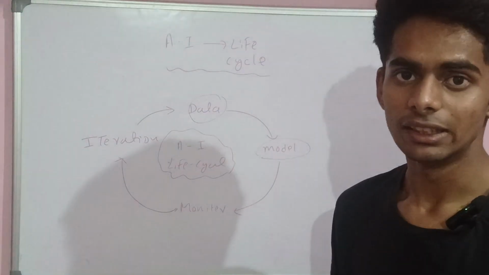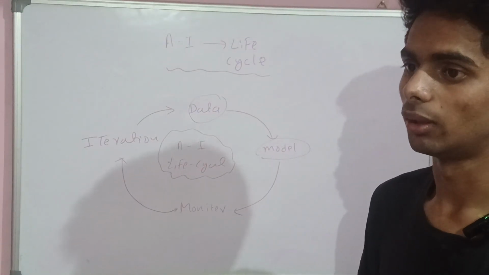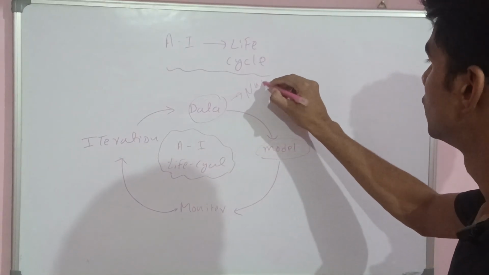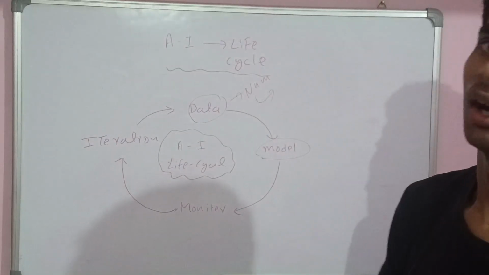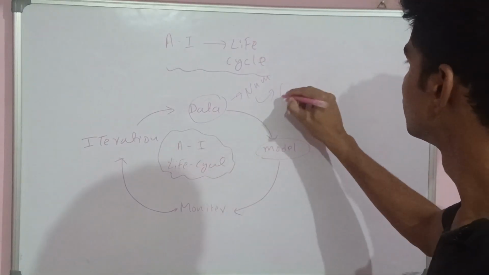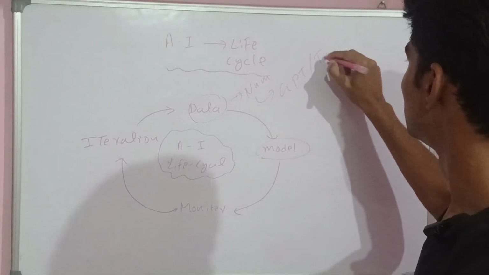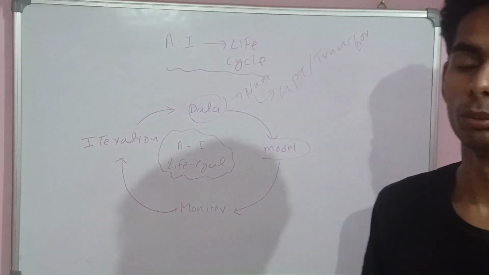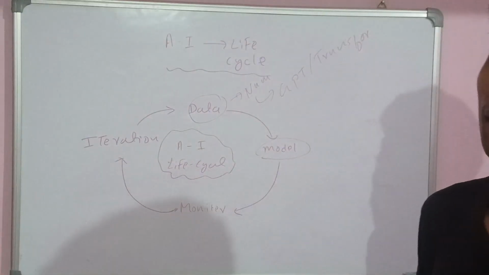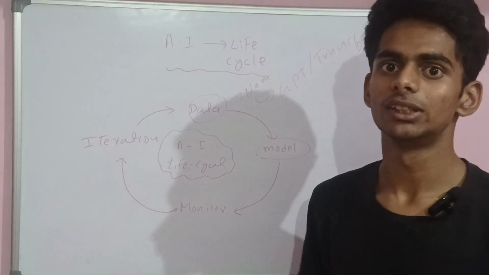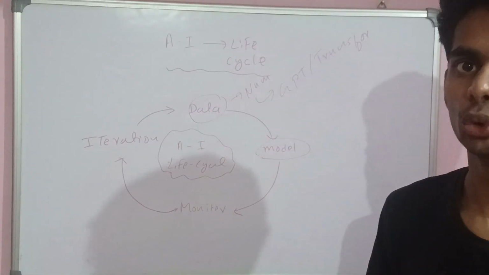Model architecture is really necessary, depending upon your data. If you have numerical data, then you can choose the best option, like GPT and transformer. If you have image data, then you can choose CNN, a convolutional neural network. If you have text data, sequential data or time series data, you can choose RNN.